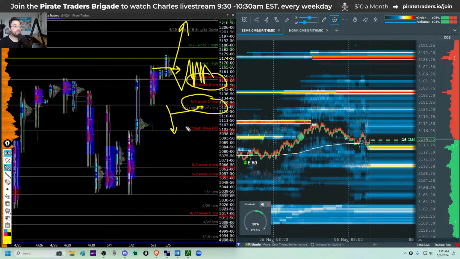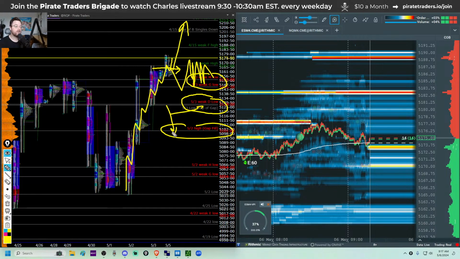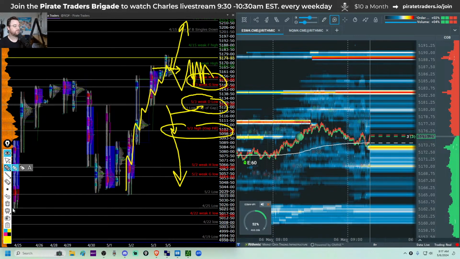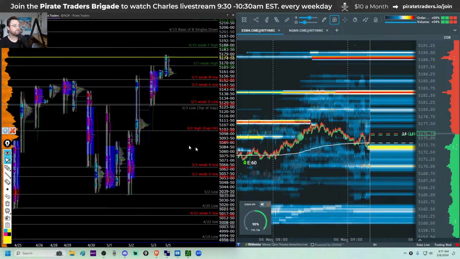And if the market pulls back to 5101, any FOMO buyers that have been chasing this market to the upside are going to get squeezed. And before you know it, we're back down at the lows. So I'm slightly bullish, but I am very cautious, certainly on a swing basis.